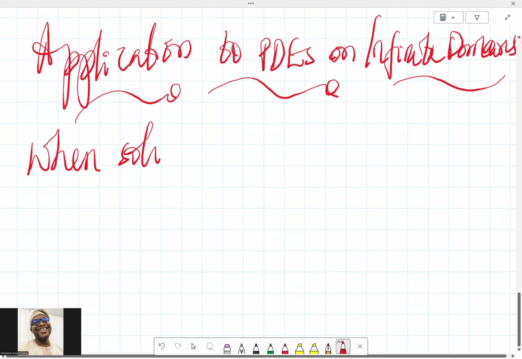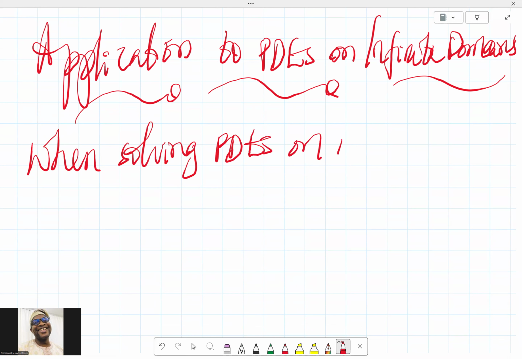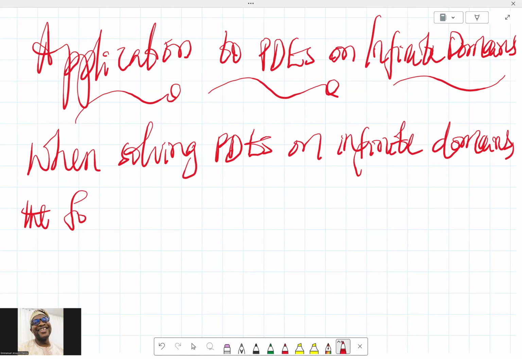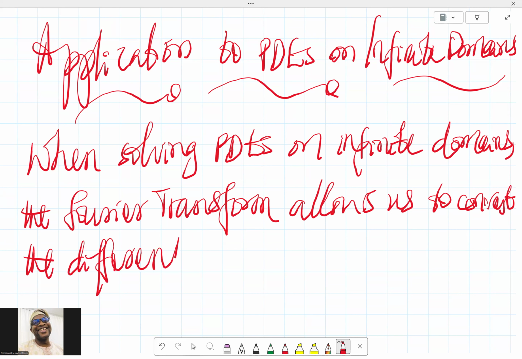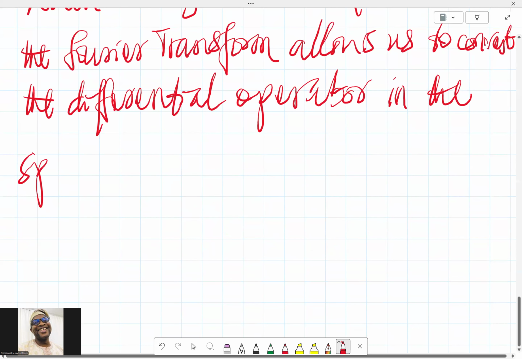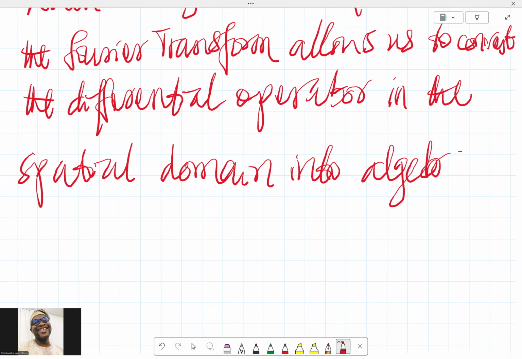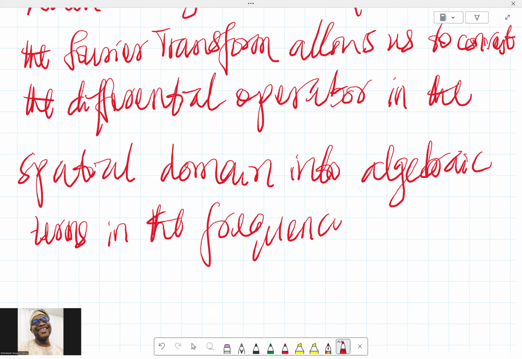When solving PDEs on infinite domains, the Fourier transform allows us to convert the differential operator in the spatial domain into algebraic terms in the frequency domain, which is the Fourier domain.